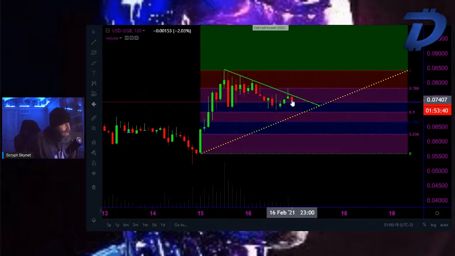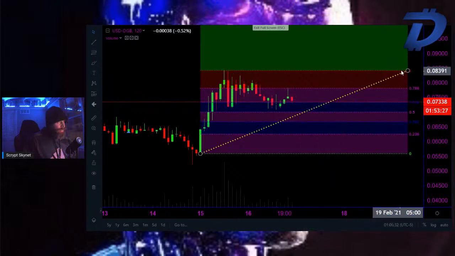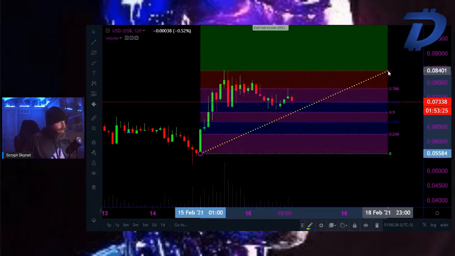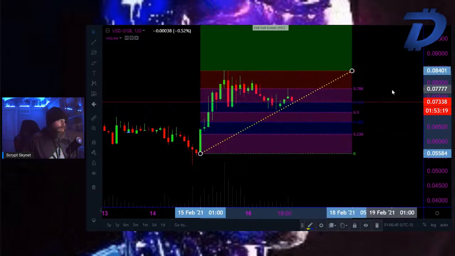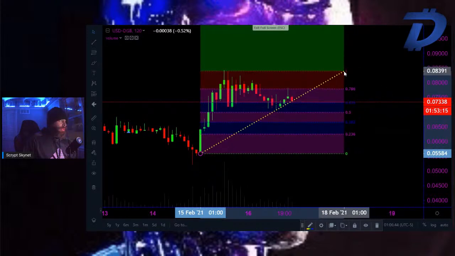Now we're finding ourselves within this range, and it's red. Quite interesting. Now, if I move this Fibonacci over to where my yellow trend line is on the Fibonacci lines, right there, and move it all the way over to the candle bodies, that's fine.